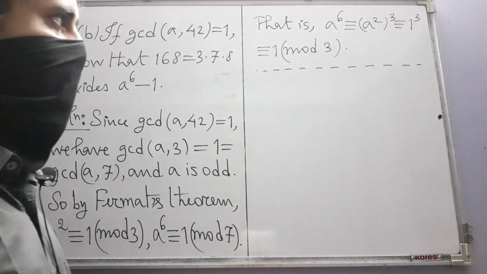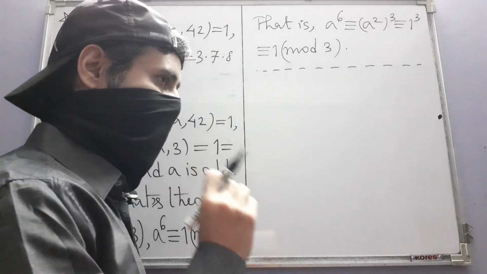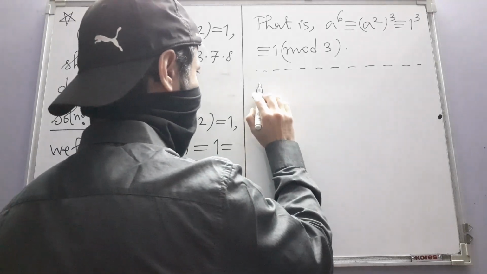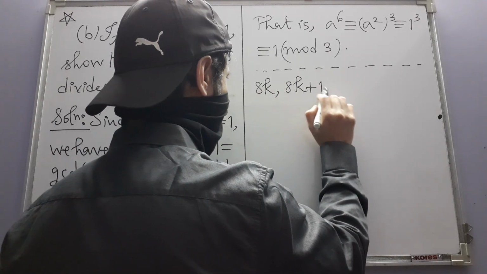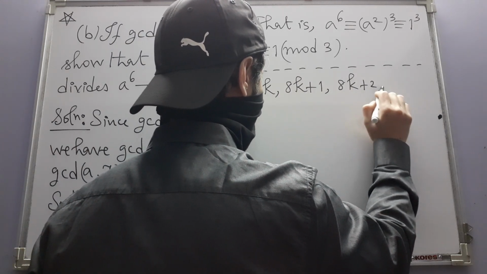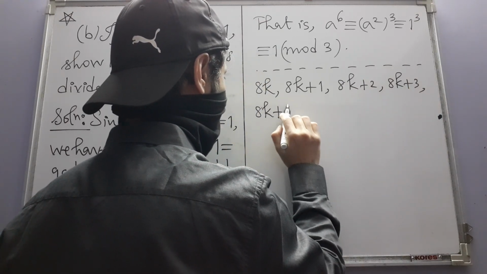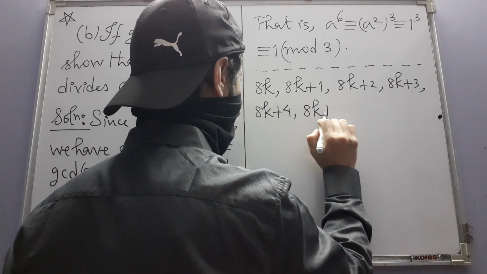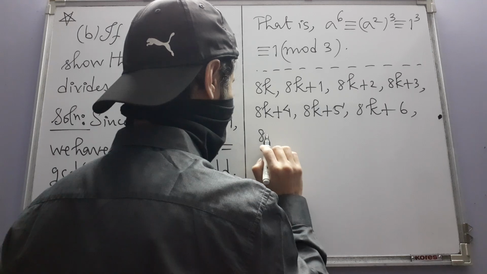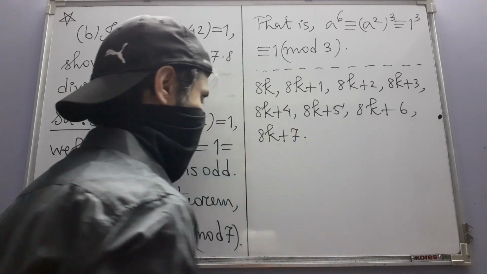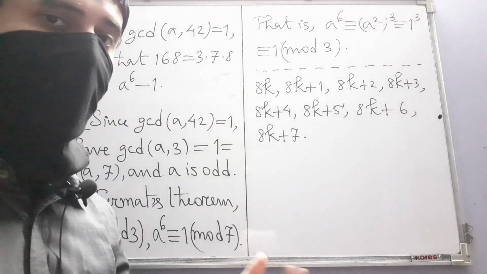You know that the division algorithm gives us this fact, that each integer is in exactly one of these 8 forms. Either it looks like 8k or 8k plus 1 or 8k plus 2 or 3, 4, 5, 6 or 7, depending on what remainder is left when you divide that number by 8.